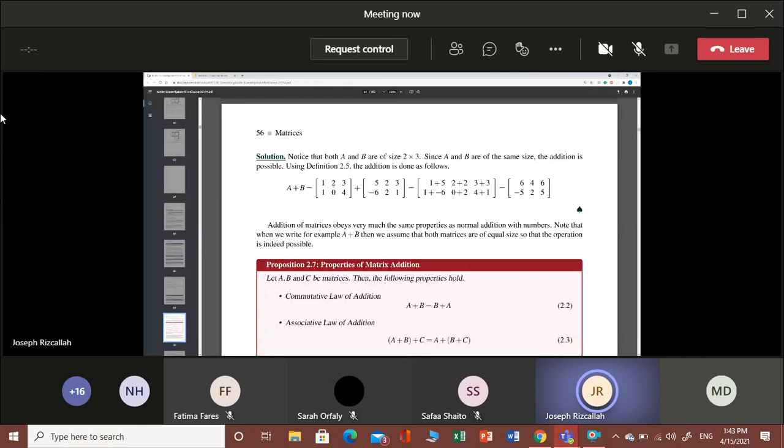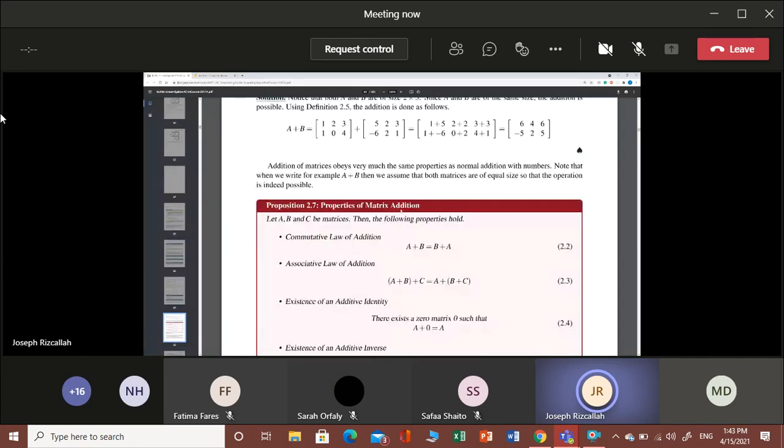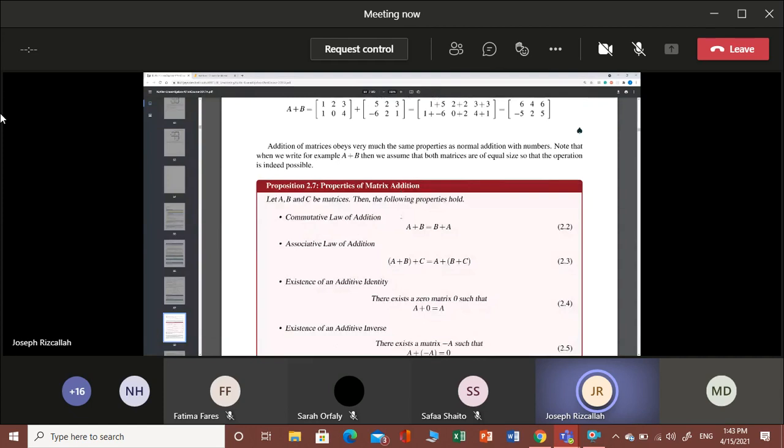So for example, 1 plus 0 would be 1, 2 plus 0 would be 2, 3 plus 0 would be 3, and so on. So adding the zero matrix to a matrix of the same size does not change the matrix. And this is what we mean by saying that the zero matrix is an identity, which means you add it to any matrix, it does not change it.